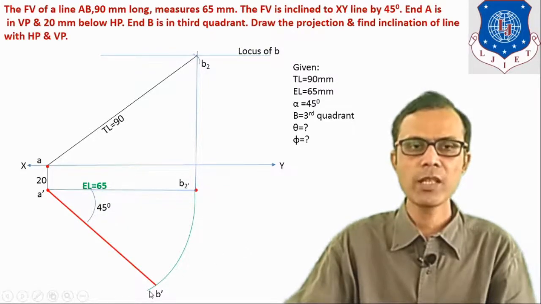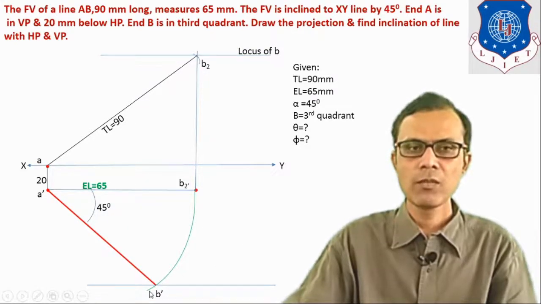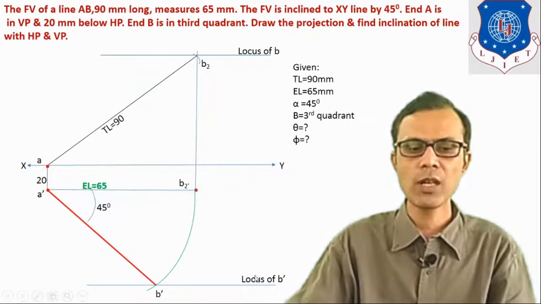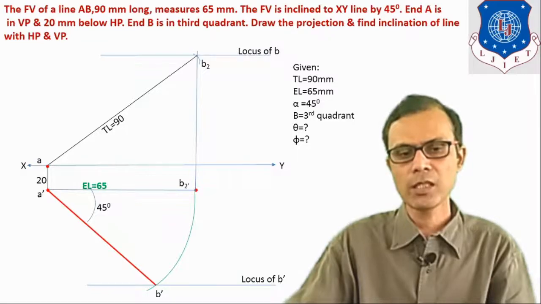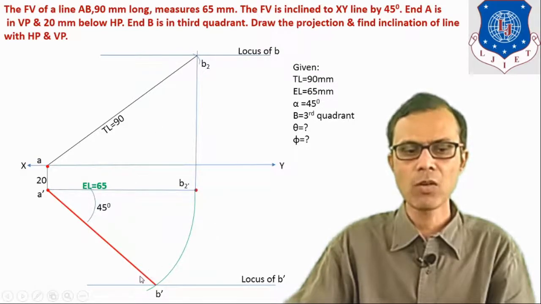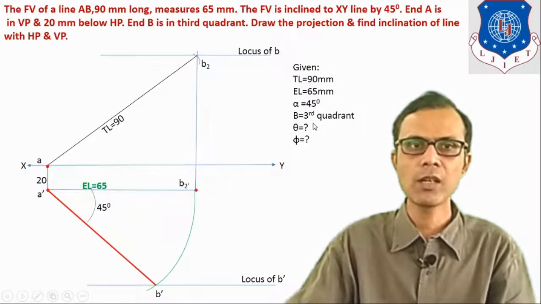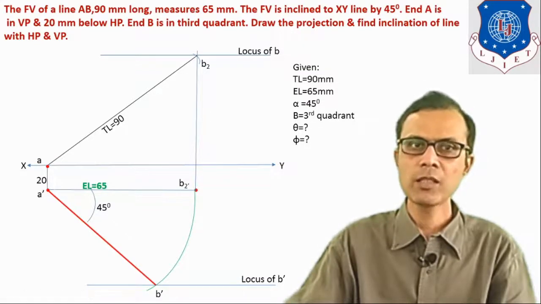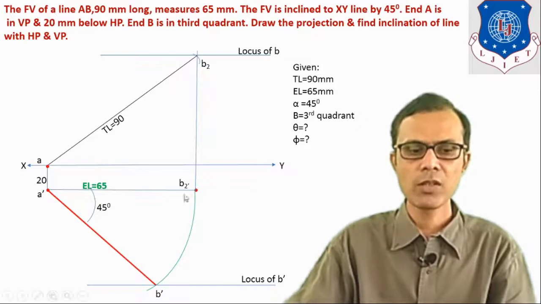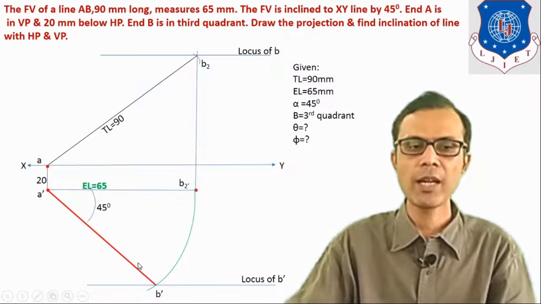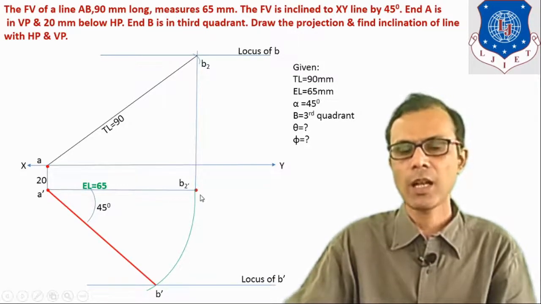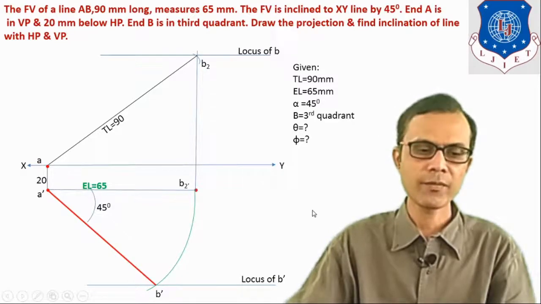So this point is B dash point. From B dash point, draw a horizontal line, that is the locus of B dash. Here this arc is drawn in the downward direction because B is in the third quadrant, and in the third quadrant B dash point should be below XY line.